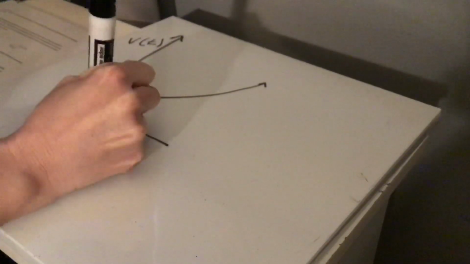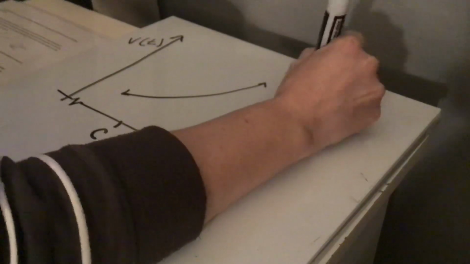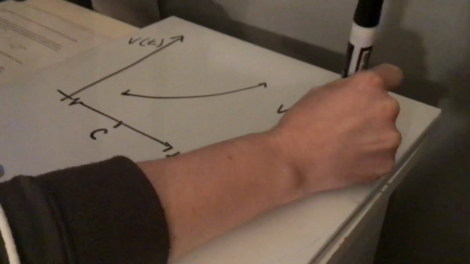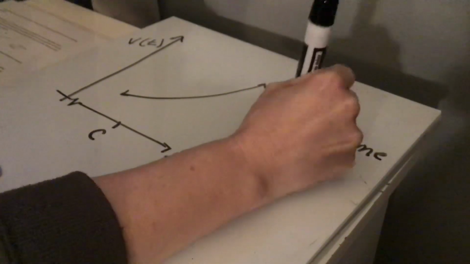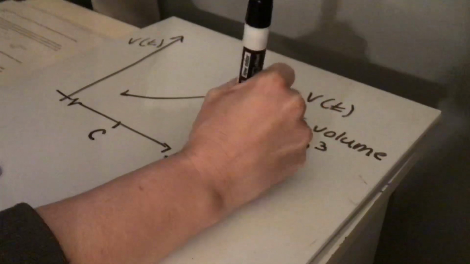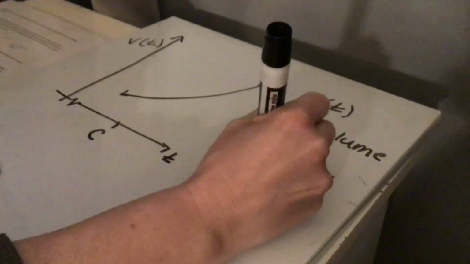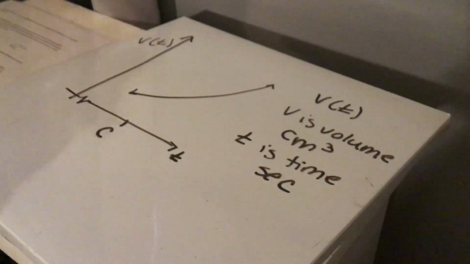Some value c is here. So we're looking at V of t. V is volume in cubic centimeters, and t is time in seconds.